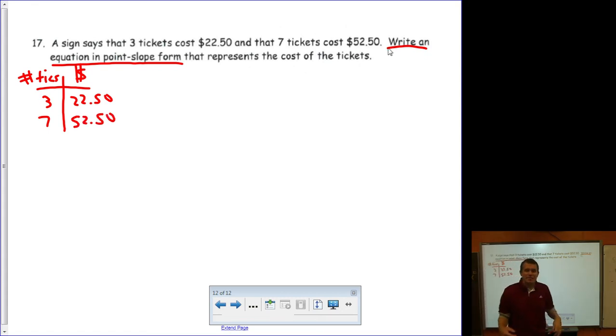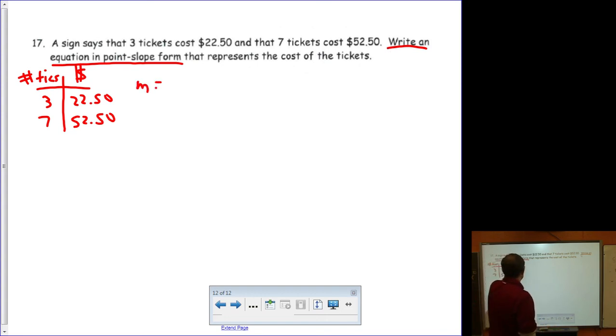You'd think maybe you could just divide $22.50 by 3 and you'd see how much each ticket cost. But that doesn't always work because sometimes there's maybe tax. Well, tax isn't a great example. Sometimes there's a service charge if you order them online or through a box office. So we're going to go ahead and use these 2 points to write our equation. And as always, the first thing you need to do when you write an equation is calculate the slope.